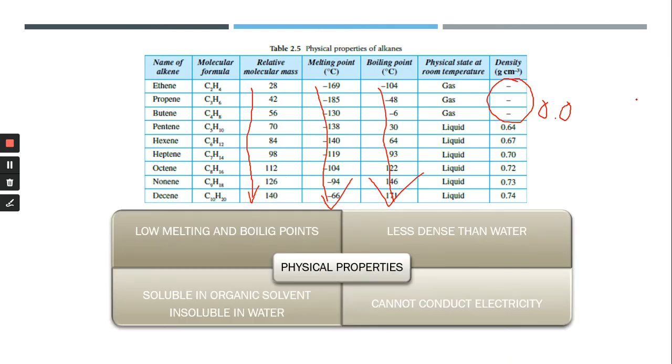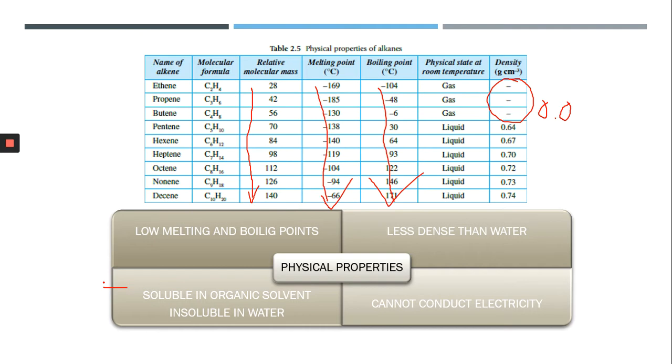Okay, so here is the physical property: low melting and boiling point, less dense than water, soluble in organic solvent, insoluble in water. As what I say, this thing has something to do with polar and non-polar substance. Alkene is non-polar substance, hence it will not dissolve in water since water is polar substance.